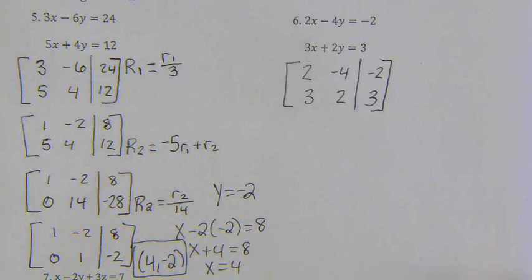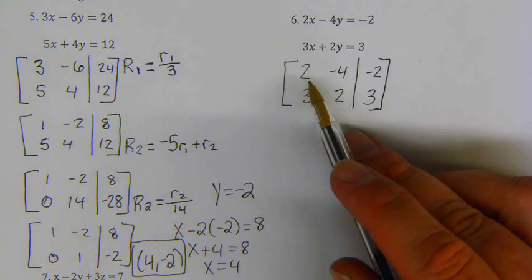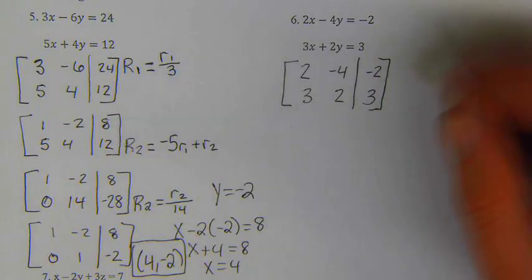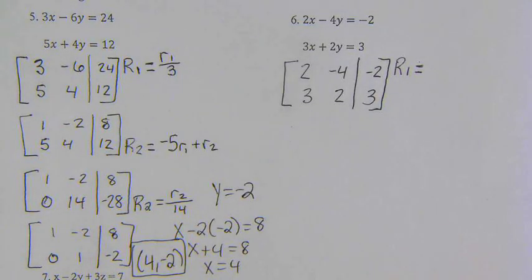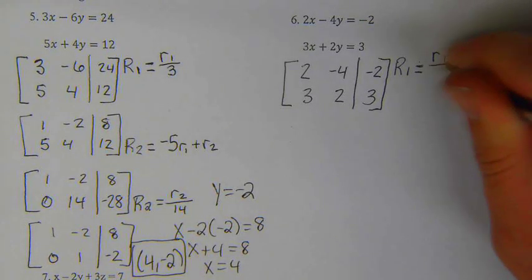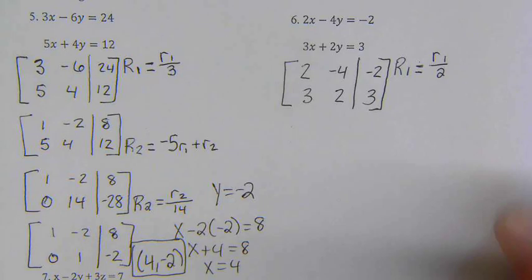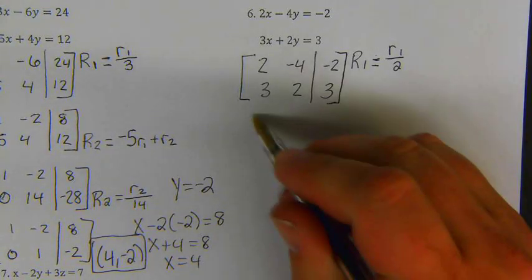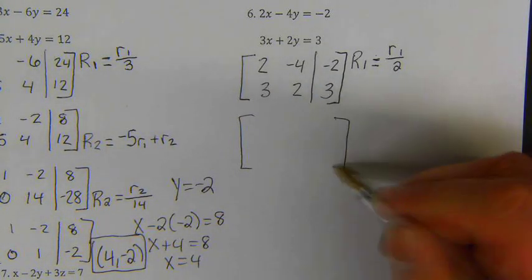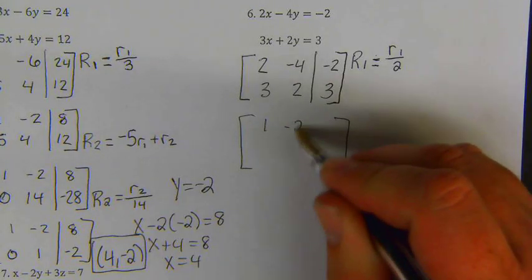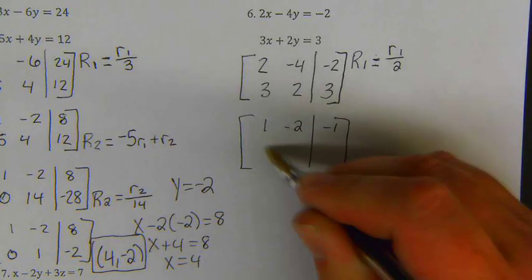Again, your first step is to get a 1 up here. Often that can be achieved by dividing, which is what I'll do again. Take the first row and divide it by 2. So now I have 1, -2, -1, 3, 2, 3.